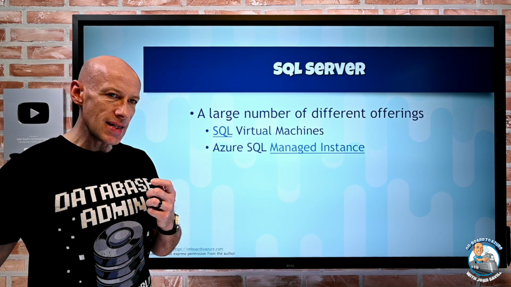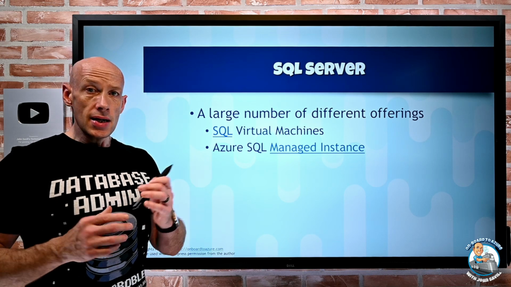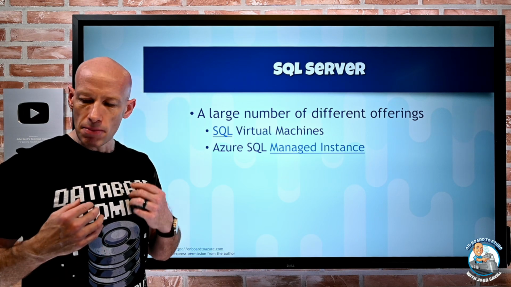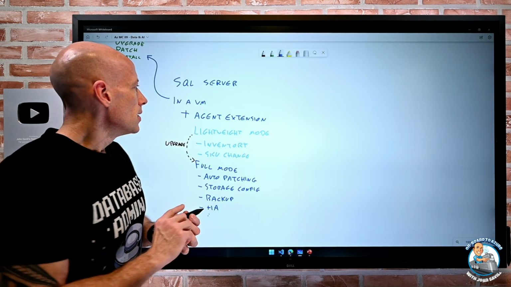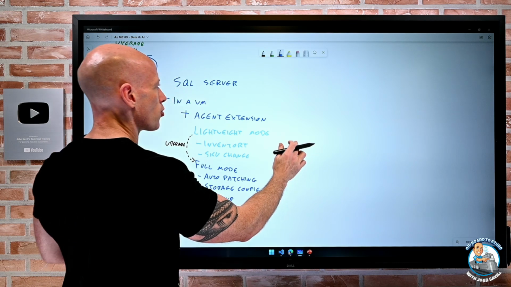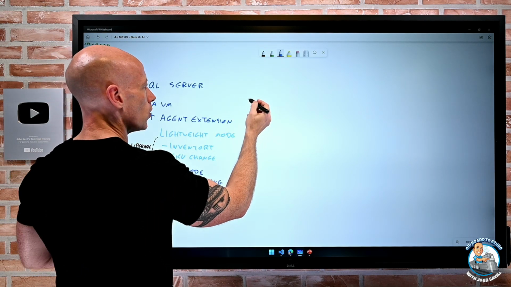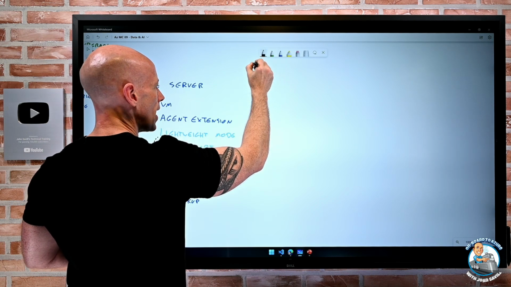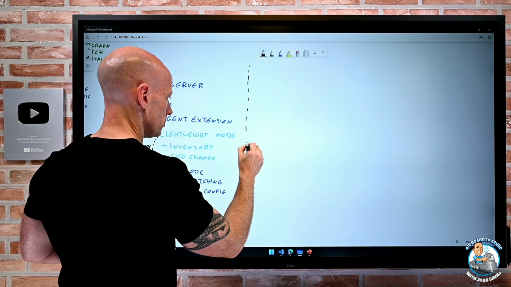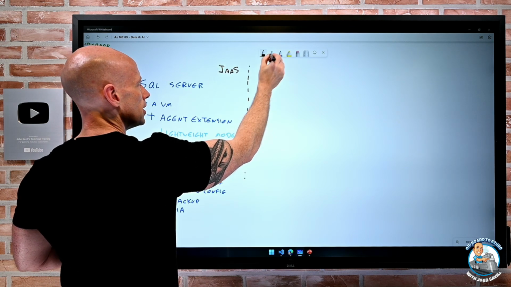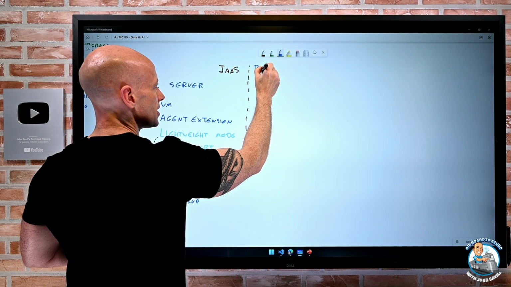So Managed Instance, well, it's fully managed, but what it's going to do is run inside my virtual network. And I'm going to consider this a little bit of a progression. If the earlier option was an IaaS scenario, this is very much moving into PaaS scenarios.